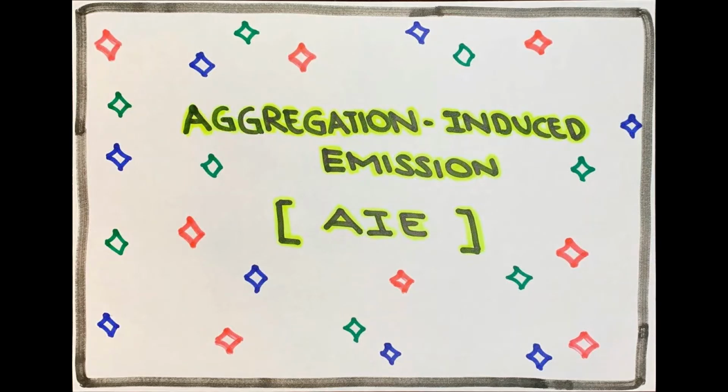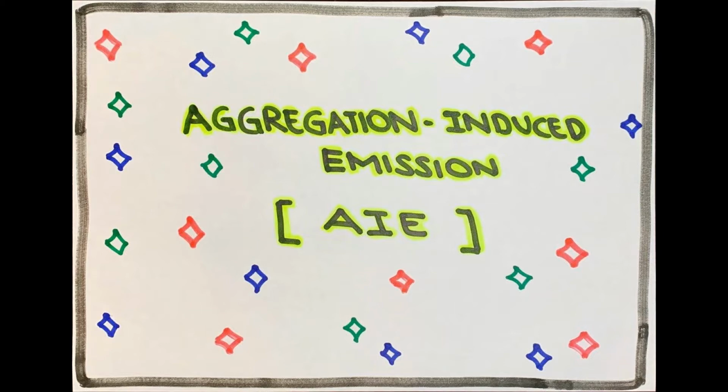Fret not, scientists have come up with a strategy to combat aggregation-caused quenching termed aggregation-induced emission. But wait, before we move on to aggregation-induced emission, or AIE, we should first understand the structural differences between molecules that experience aggregation-caused quenching and AIE.